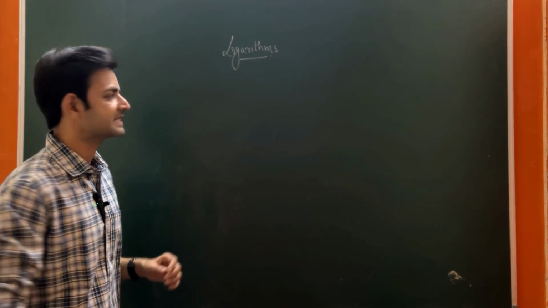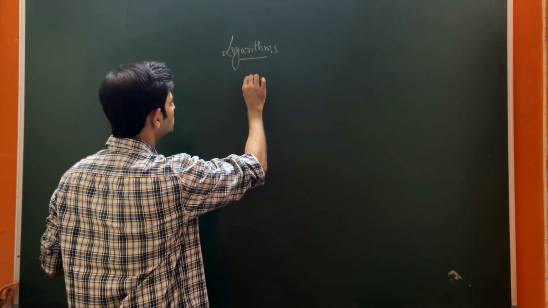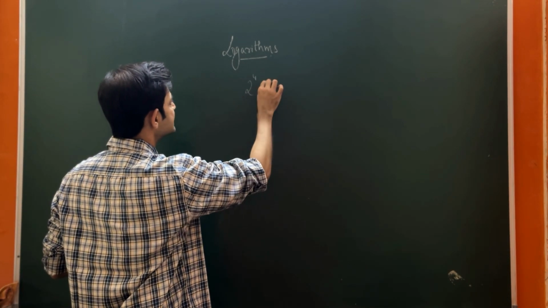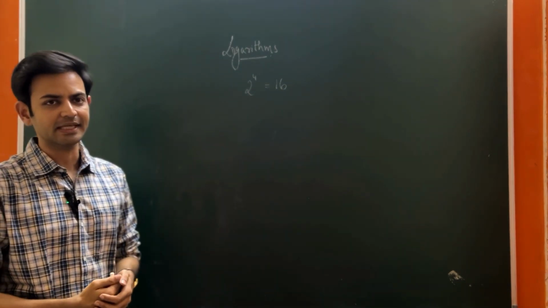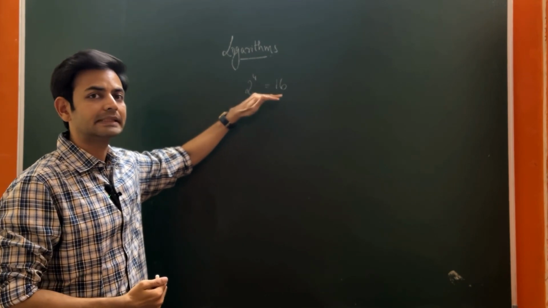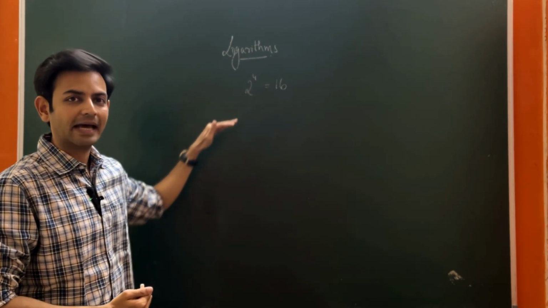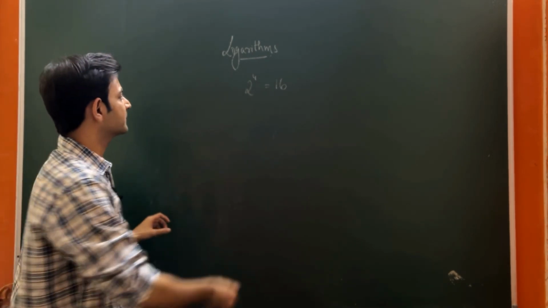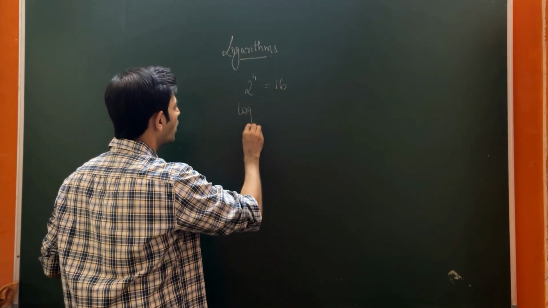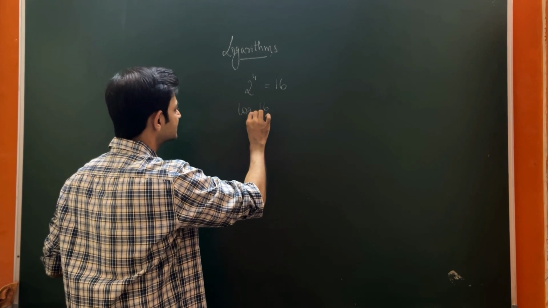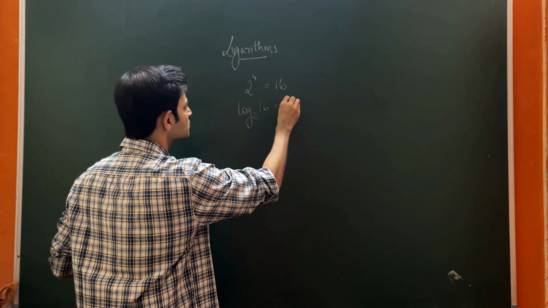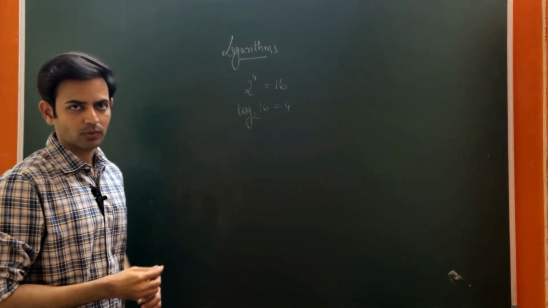So, for exponents, if I write 2 to the power 4 is equal to 16. So this is a normal exponential form of anything. If I have to convert this in logarithmic form, then it will become log of 16 to the base 2 is equal to 4. I repeat one more time.